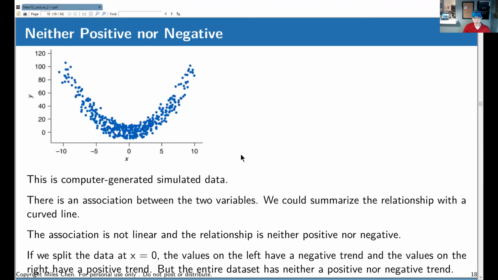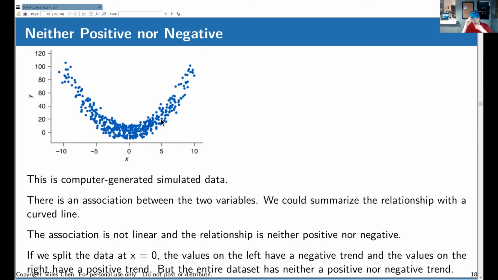Here's another example of neither positive nor negative. There's definitely an association between the two variables, and this is just made up data. As x goes in this direction, it goes up, and as x goes in this direction, it goes in the other way.